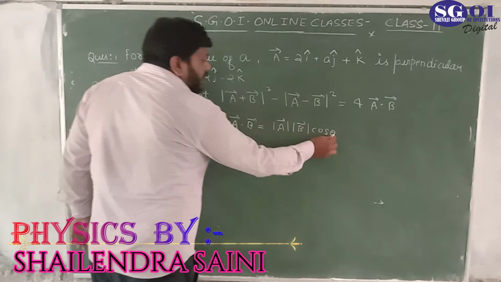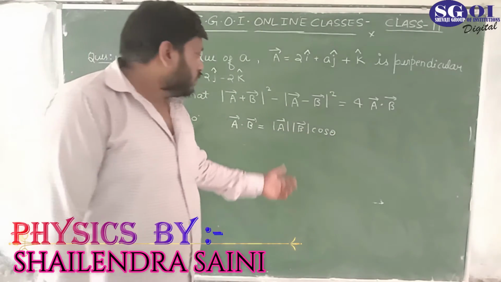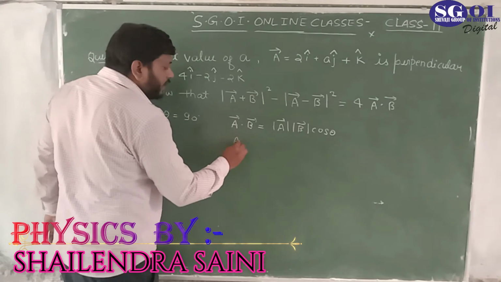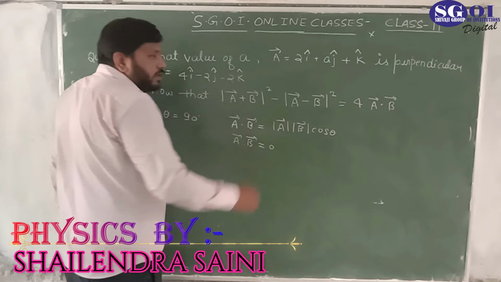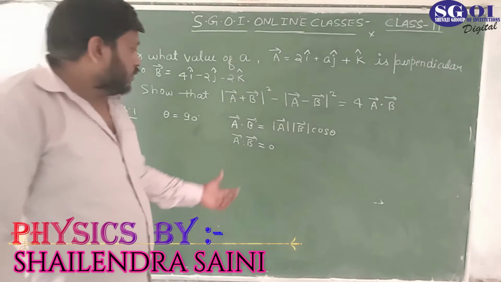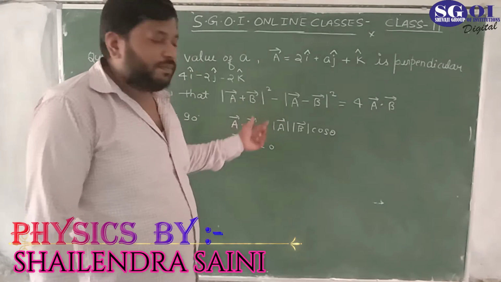So if you put theta as 90, cos 90, you know, is 0. So it means the dot product of two vectors when they are perpendicular to each other becomes 0. So we have this equation, and we just put vector a and vector b in place.